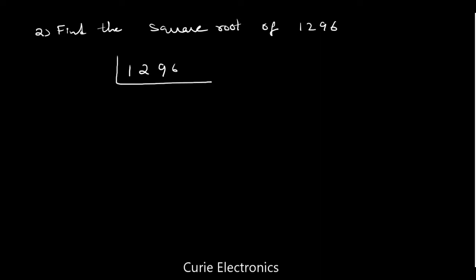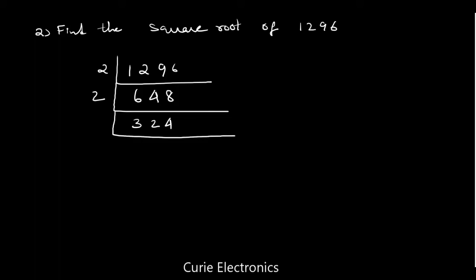First I will divide by 2. 1296 divided by 2 is 648, then 324. I'm just dividing by 2, again and again. Now it is 324.